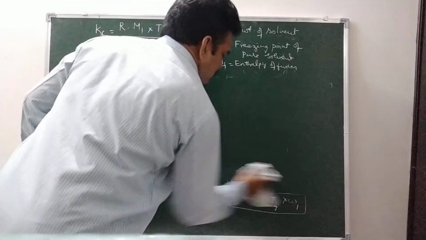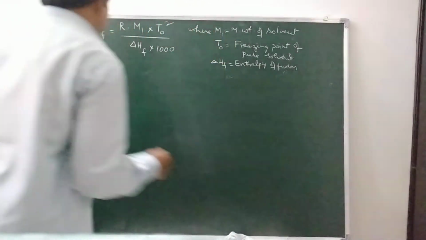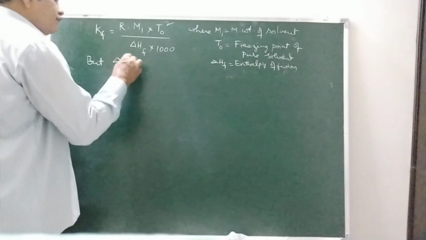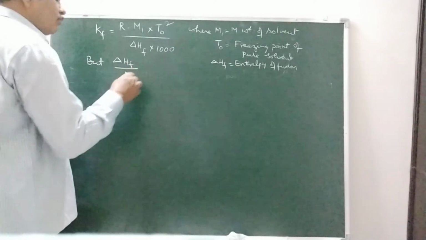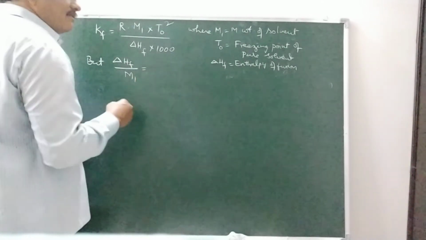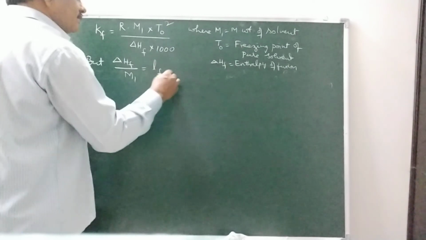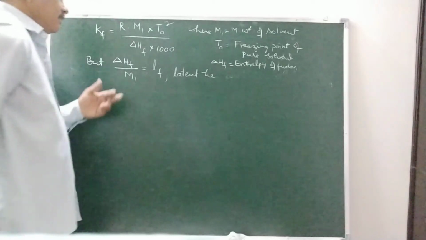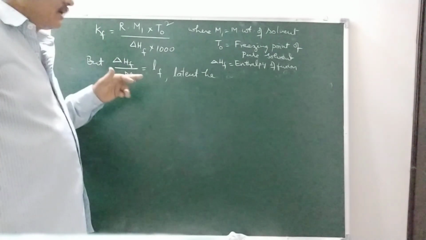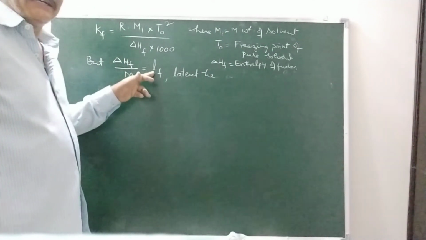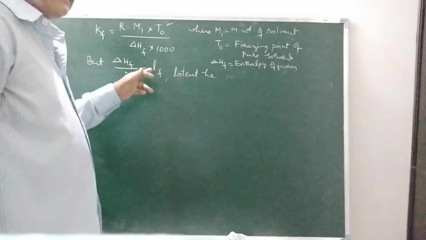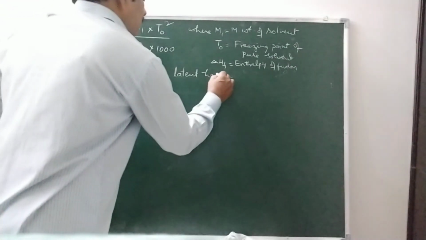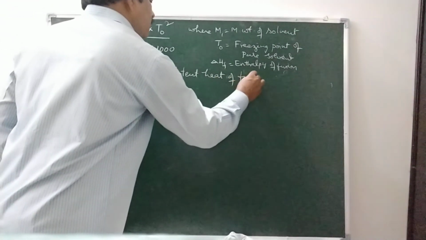But delta H fusion by the molecular weight of the solvent is equal to Lf, which is called the latent heat of fusion. In elevation in boiling point we write it as Lv, latent heat of vaporization, whereas here we write it as latent heat of fusion.